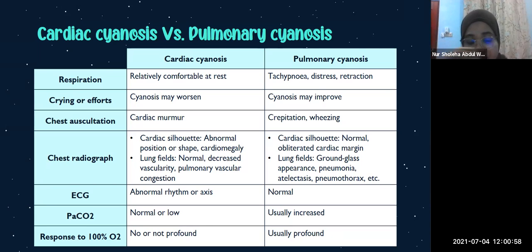In chest radiograph, the cardiac silhouette will be normal or there is an obliterated cardiac margin, it depends. The lung fields usually show a ground glass appearance, pneumonia, atelectasis, pneumothorax, etc., depending on the cause of the cyanosis. The ECG is usually normal, and the partial pressure of carbon dioxide usually increases. And there is usually a profound response to 100% oxygen.